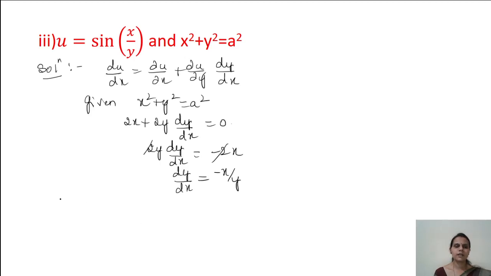Therefore du by dx is equal to dou u by dou x. Dou u by dou x is sine of x by y.